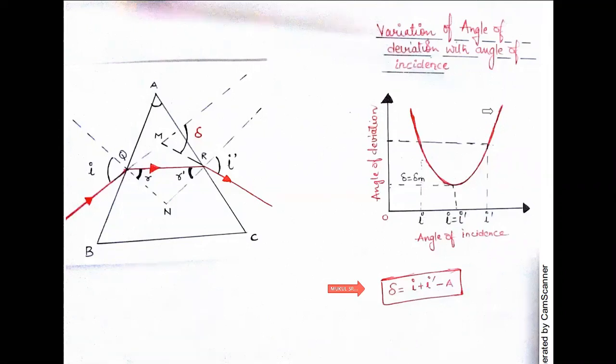If you see in this graph, the angle of incidence further increases after I equals I dash, and the angle of deviation also increases just because of this relation again. When I equals I dash, delta equals 2I minus A.